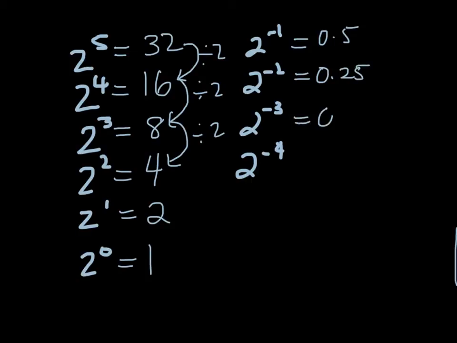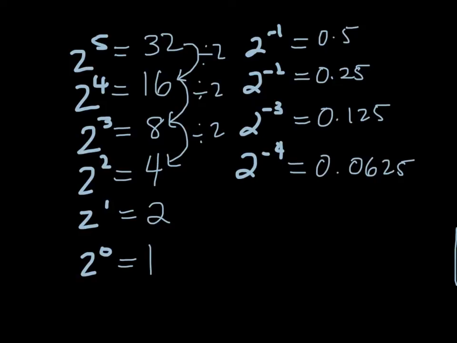Then this should be 0.125. And finally, 2 to the power of negative 4 should be 0.0625.